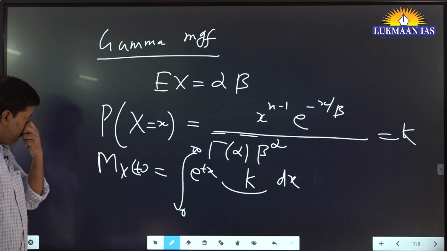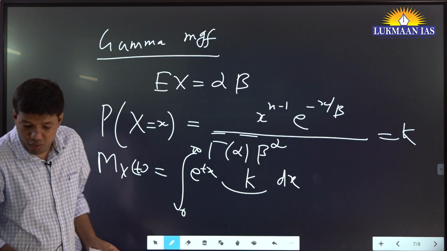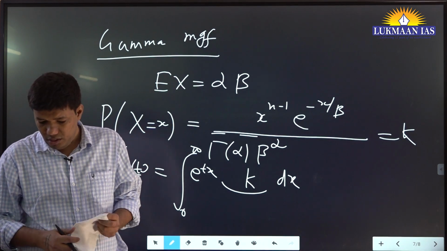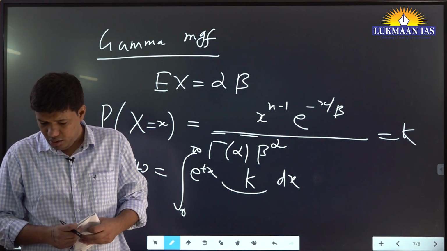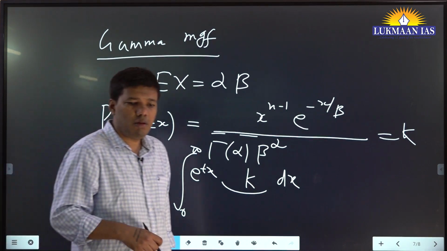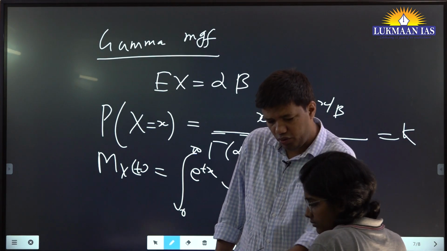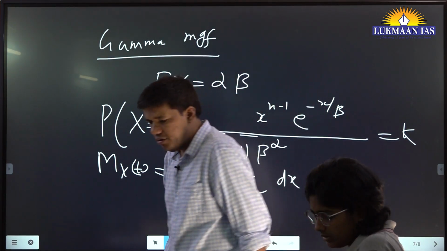For the gamma MGF, the moment generating function, it is 0 to infinity. No problem, you can make the changes. It is 0 to infinity.